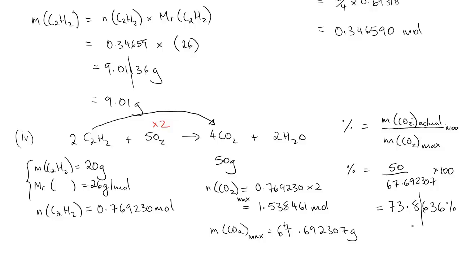So we'll just cut it there, and that would give us 73. That 8 will go up to a 9%. So that's the percentage efficiency of the reaction. So this reaction is only 73.9% efficient.